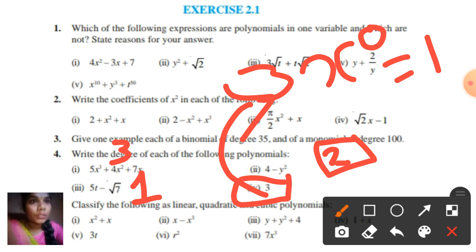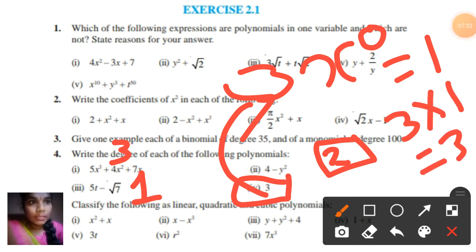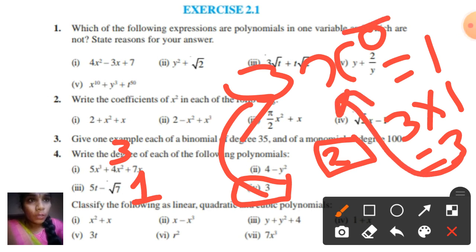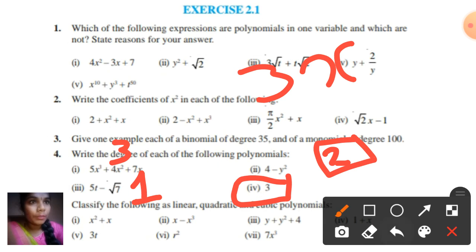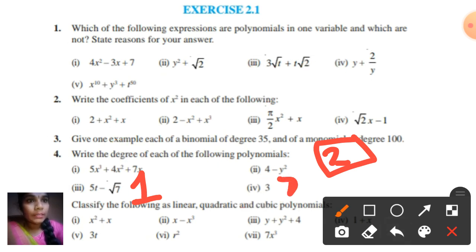So if you multiply 3 into 1, you again get 3. That is why I am going to write 3 as 3x power 0. So what is the degree of the polynomial now? 0.